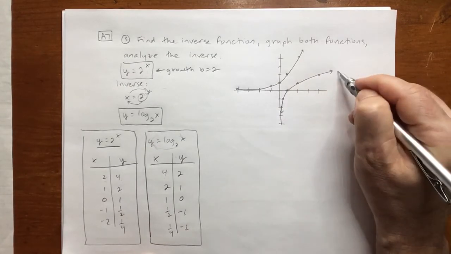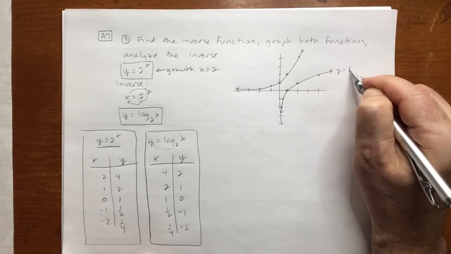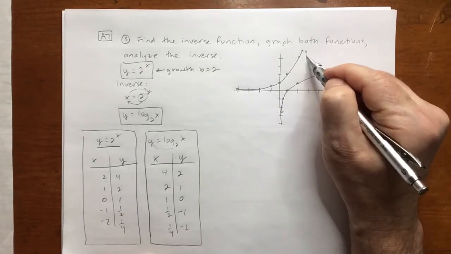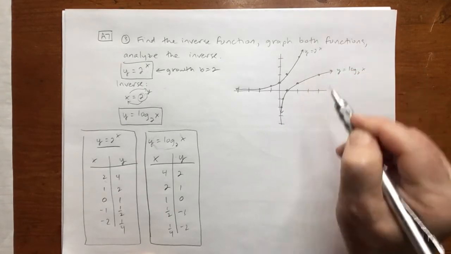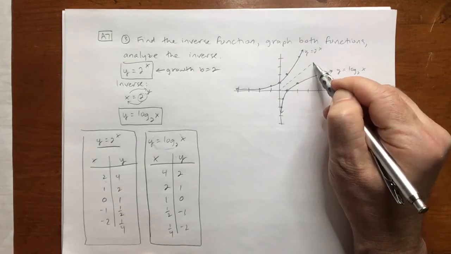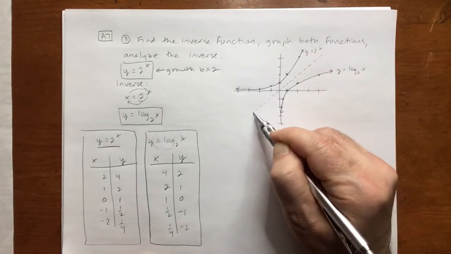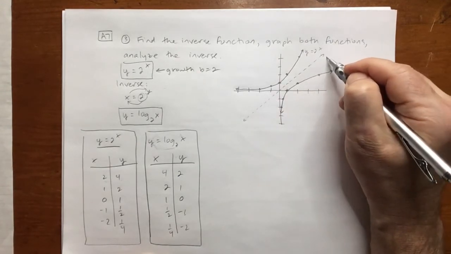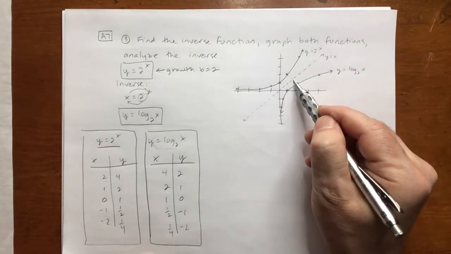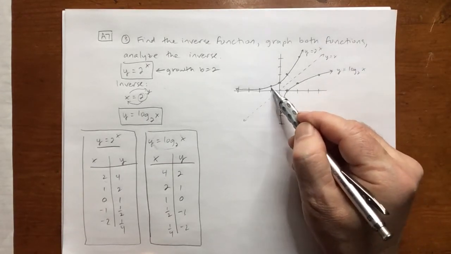I'll go ahead and label these. This is y equals log base 2 of x. This is y equals 2 to the x. They better look like they're reflections across this line, and remember what the equation is. Reflections across the line y equals x. So you can see they are. Each point has a reflection.